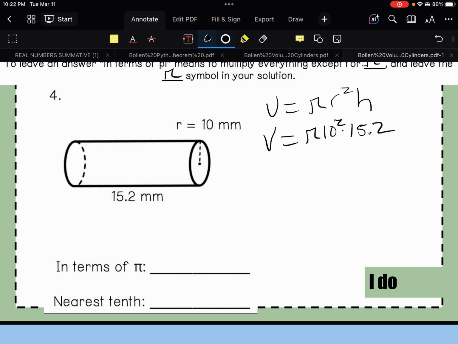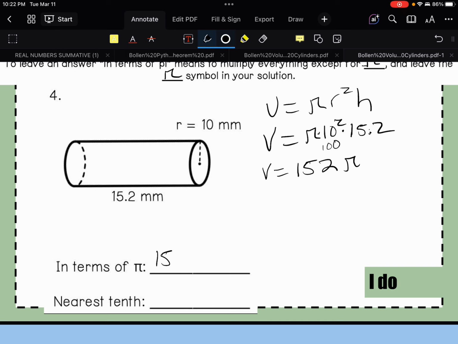So then we have V equals 100 times that 15.2, so it would be 152 pi.